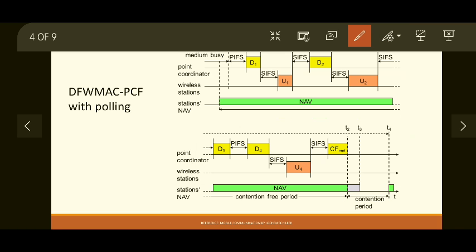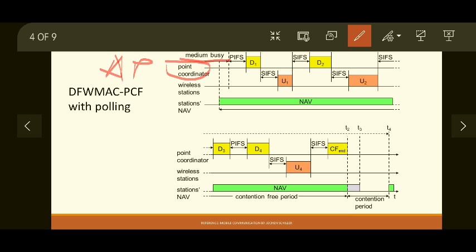Now at T0, the point coordinator, which is nothing but the access point, will try to access the medium for polling the stations. Let's assume that somebody is already transmitting, so the medium is busy. So the access point has to wait, similar to the previous two mechanisms, before it can try to access the medium.